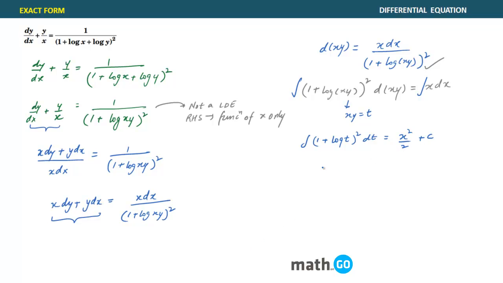Got it? And how you are going to solve this particular case now? And yes, obviously, we will use by parts to solve this particular problem where we'll take this entire thing as the first part.